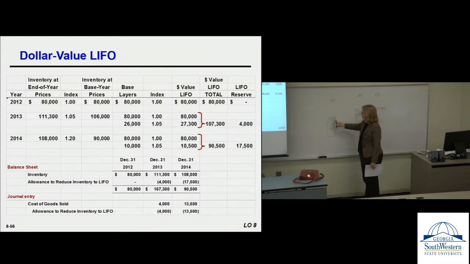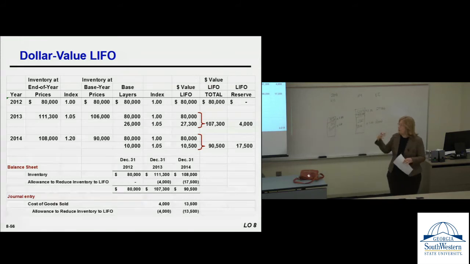So now we have, in 2014, two layers, 80,000 and 10,000. And we multiply them times our price index, which was 1 right here and 1.05 right here, to get our dollar value LIFO inventory.